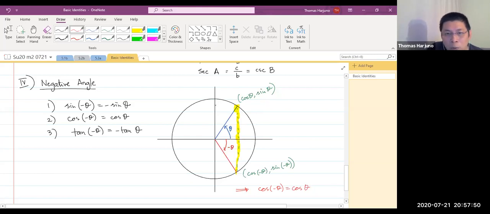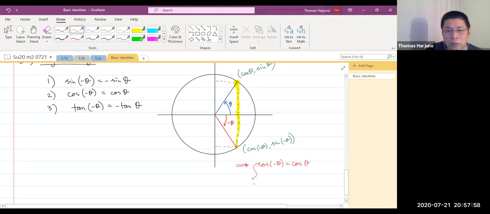The y components, as you can see from the picture, are opposites. Therefore, sine negative theta is equal to negative sine theta, by just looking at the graph.